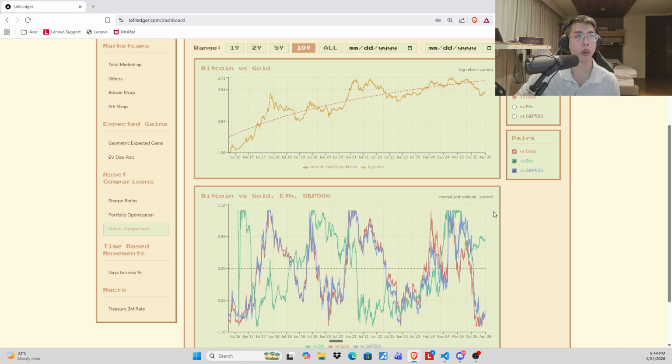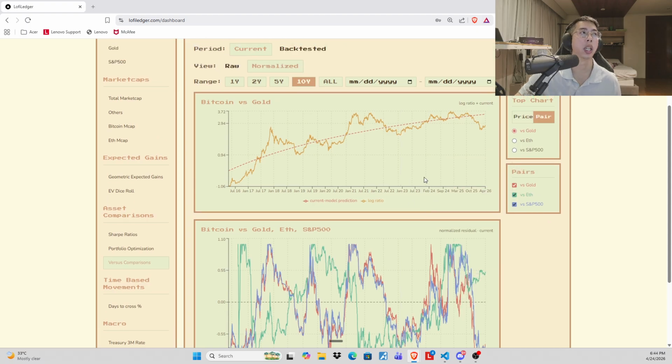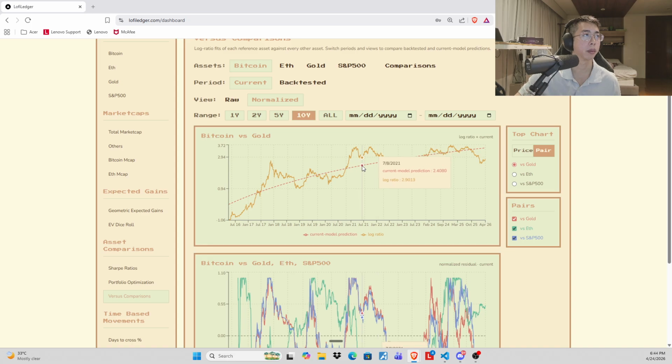So if ETH goes back up here, then it might be time to sell some of your Bitcoin for some ETH, because you're going to expect Bitcoin to lose money against ETH. So this is how you can spot optimal opportunities in different asset classes and switch into different asset classes, right?